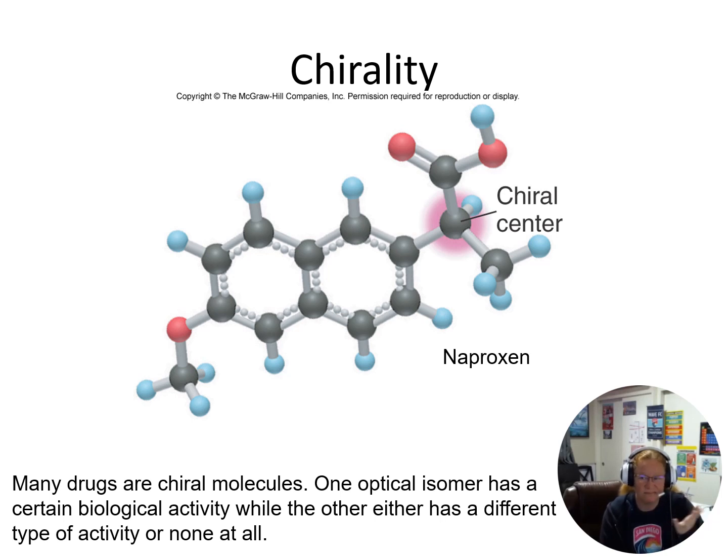Part of it just does nothing, just sits around in your body, doesn't bind to anything, doesn't cause any harm. Other times, though, we find out that the other isomer causes harm and does things we don't want it to. There was a diet drug a long time ago, when I was a kid, called fen-phen, and it synthesized like this. It did a great job. Lots of people lost weight. Super miracle drug until people died.